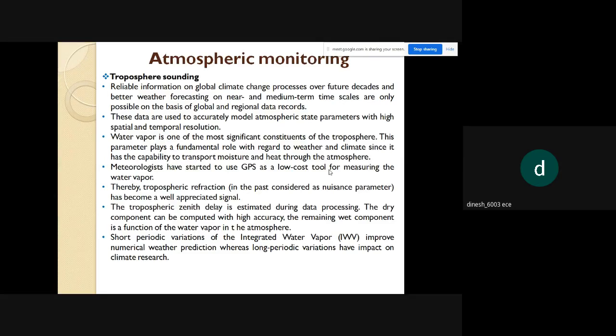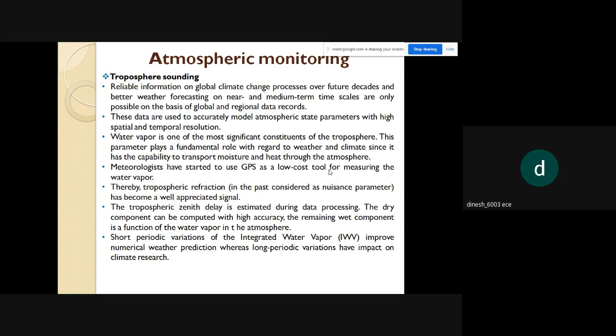So water vapor is one of the most significant constituents of the troposphere, where the parameters play a fundamental role with regard to weather and climate, since it has the capacity to transport moisture and heat throughout the atmosphere.